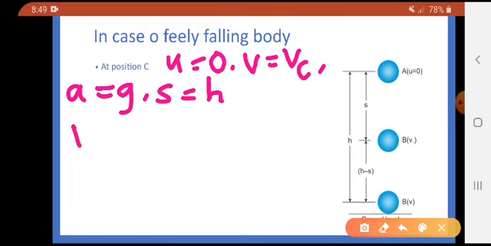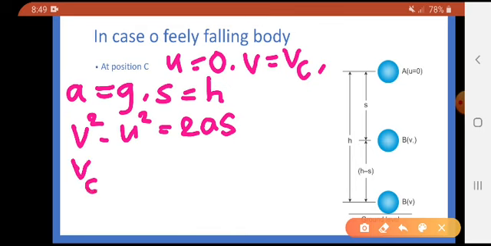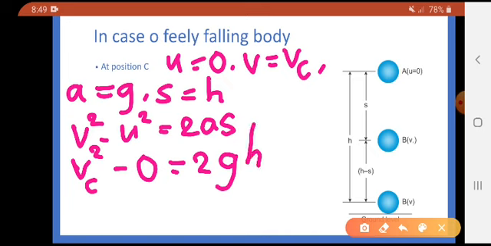Therefore from v square minus u square equals 2as: Vc square, u is 0, 2 is g, s is h.